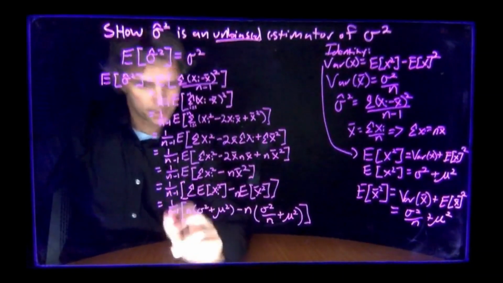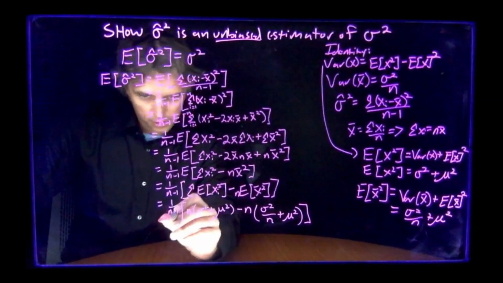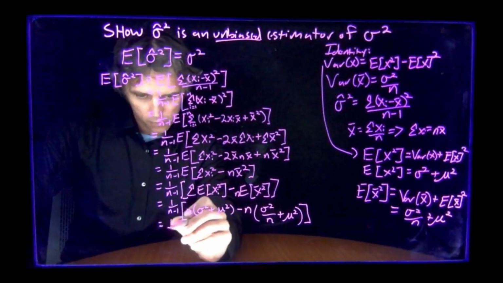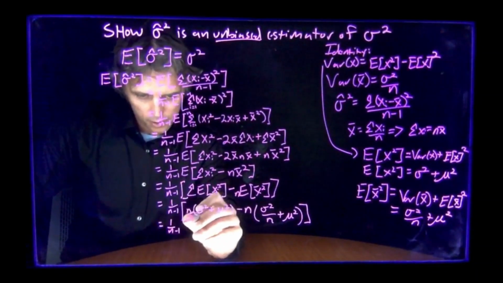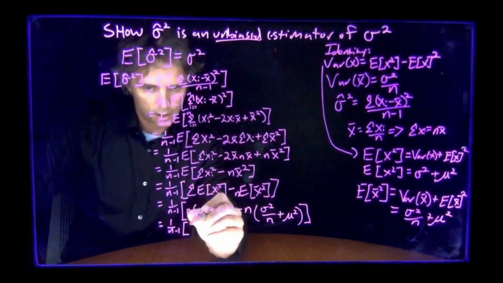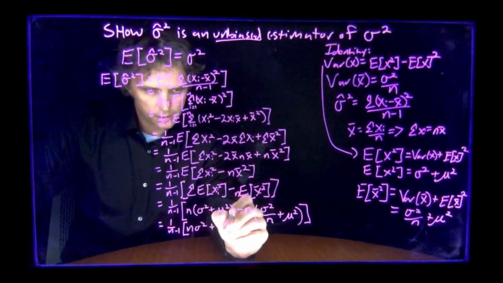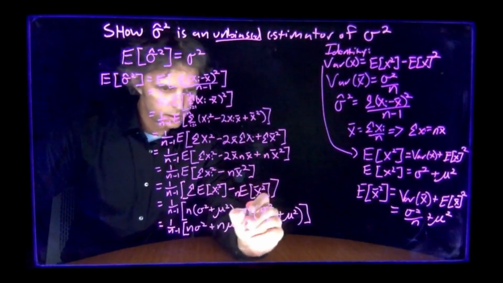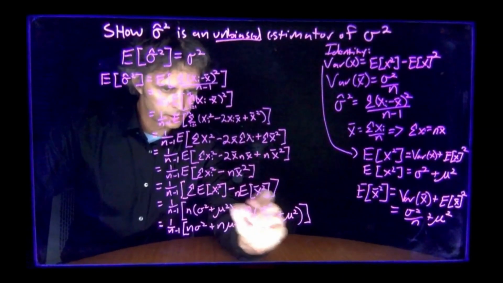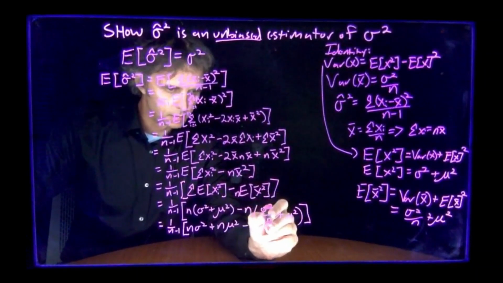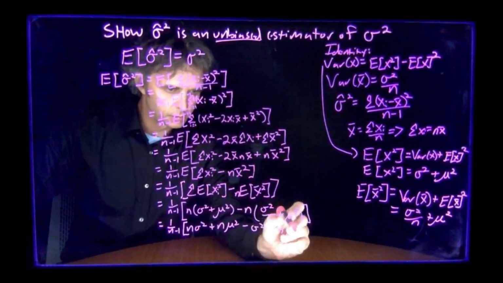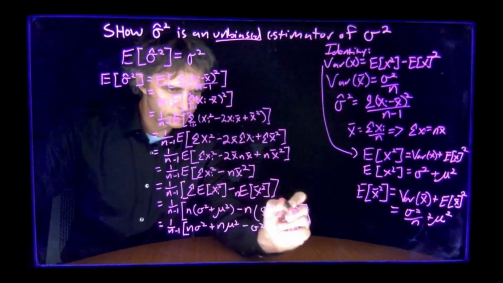Okay, great. We've got to make the most of this room down here, but it's just a little bit of algebra left. 1 over n minus 1 times the sum of n sigma squared plus n mu squared minus sigma squared, because n and n cancel, minus n mu squared.